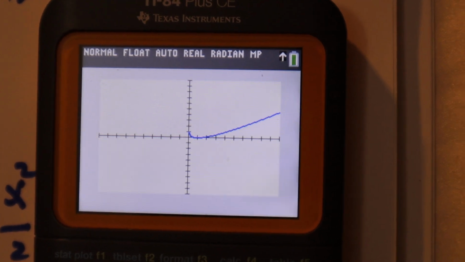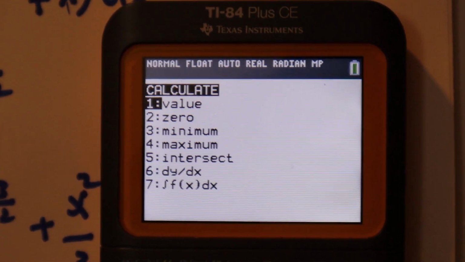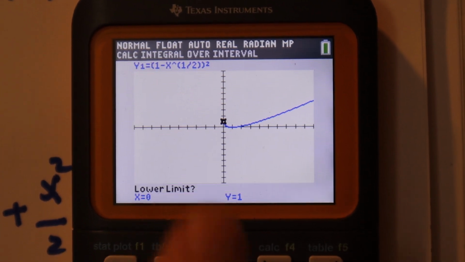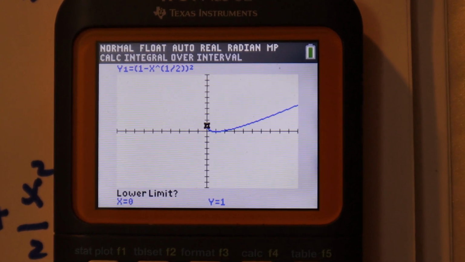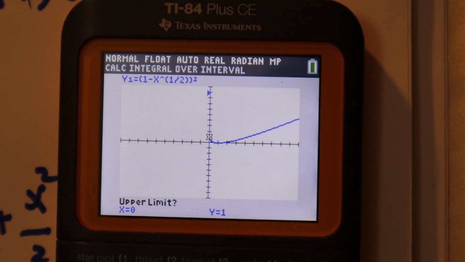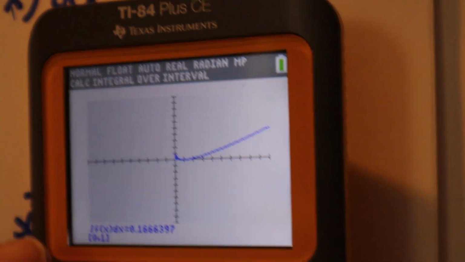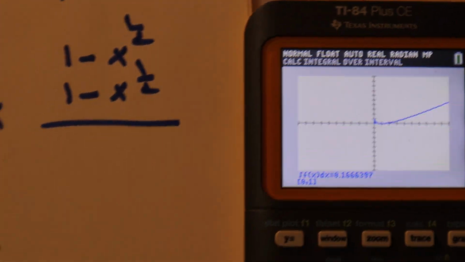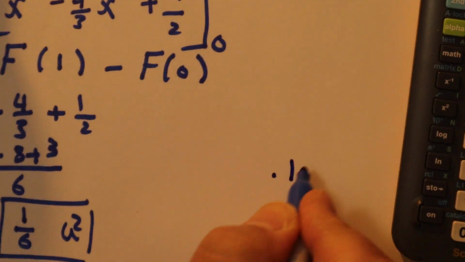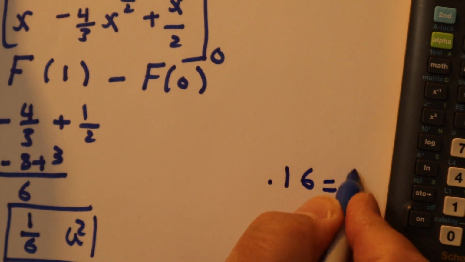Second trace, 7 again, I remind you. Then 0, this is the first bound, enter, and then 1, enter. Now the result is 0.116. 0.116 graphically is the same as 1/6.